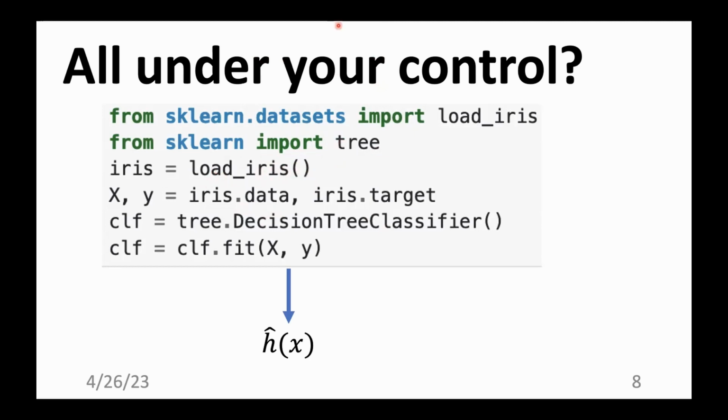Did you generate this data? No. You must trust. So how do you know what this data is that you get with load iris? How can you find out what exactly you get with this line of code?